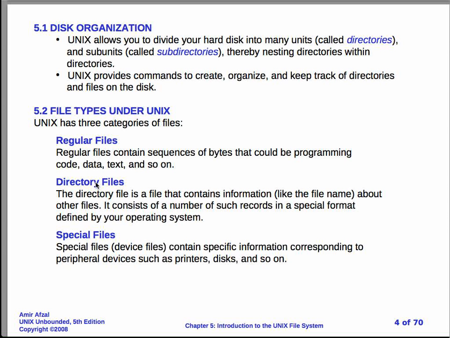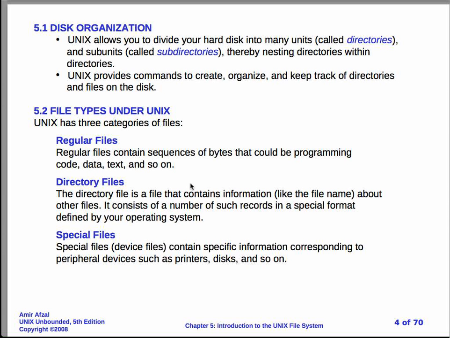Directories are actually also files. You don't think of folders as being the same thing as a file, but in a sense they are. A directory file is just a file that contains information about other files, and those other files might be directories too. That's why directories can contain subdirectories. A directory can consist of a number of such records in a special format that's defined by your operating system's file system structure.